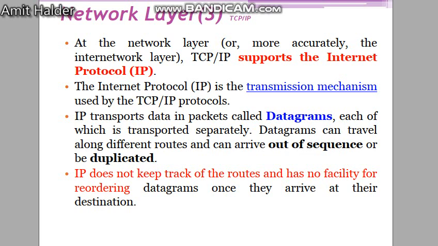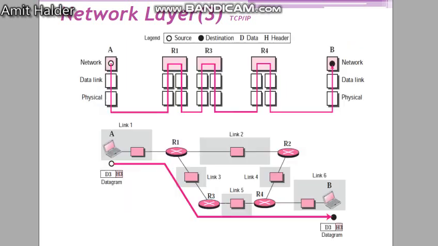IP does not keep track of the routes and has no facility for reordering datagrams once they arrive at their destination. So they just make the routes by the datagrams.